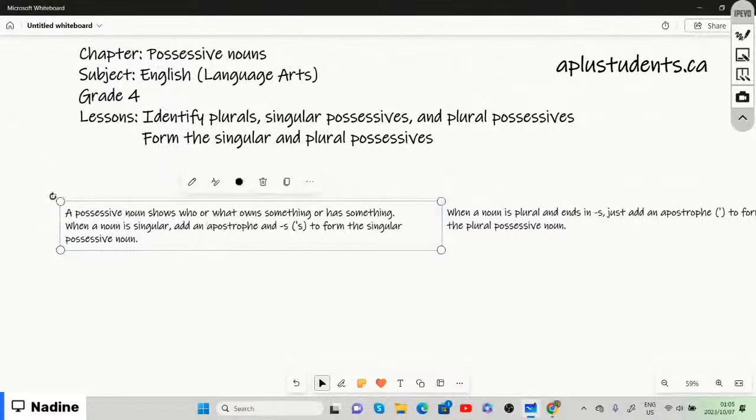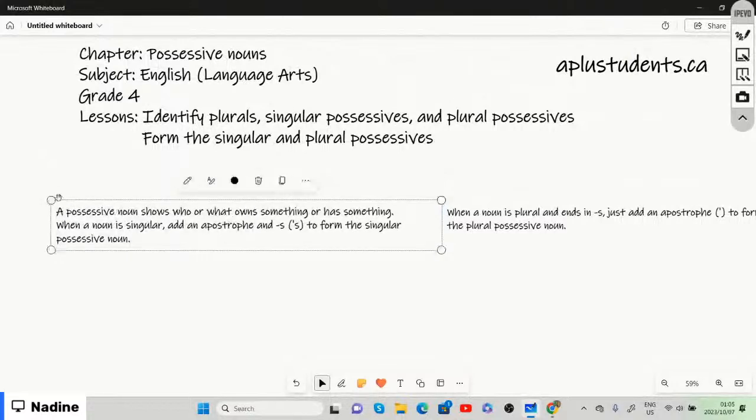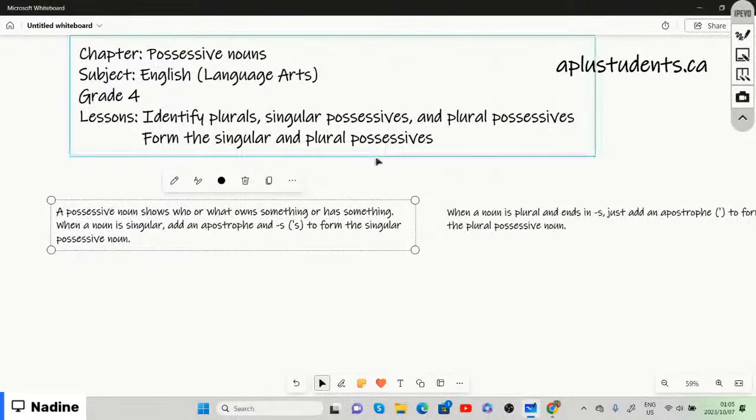All right, so now we're going to start with our lesson on possessive nouns. And a possessive noun shows who or what owns something or has something, right? So if you own something or you have something, that basically belongs to you, then it's yours, it's mine.